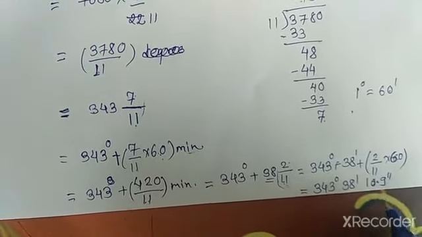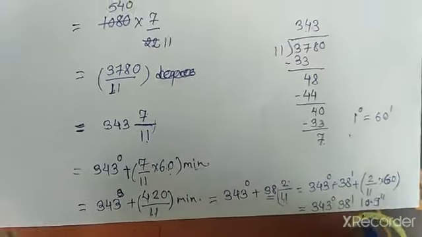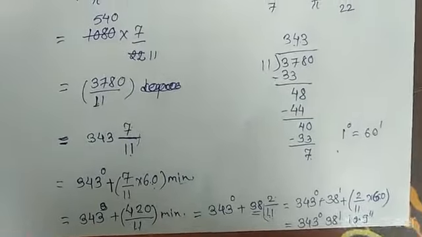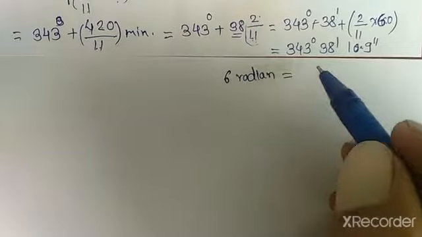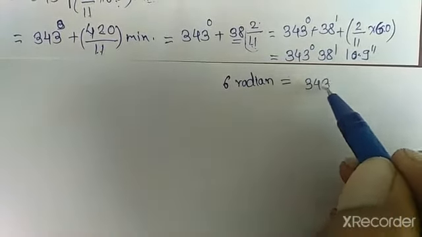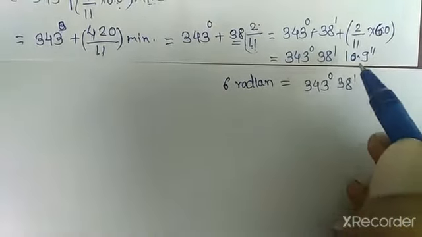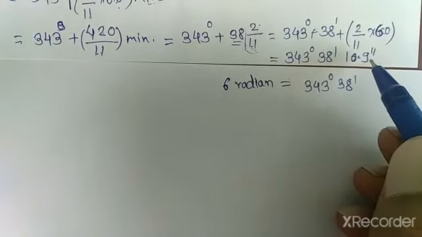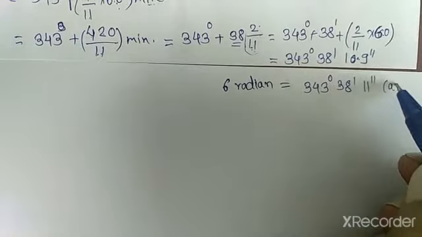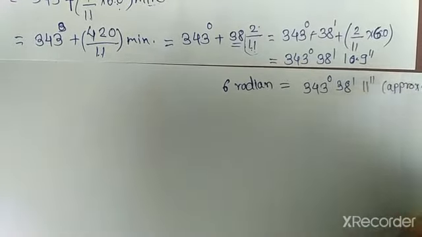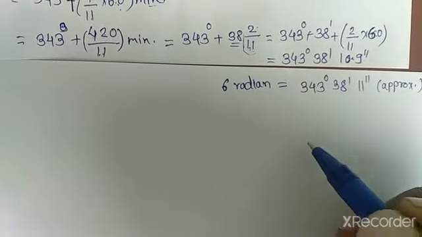Okay, so our conversion of 6 radian is equal to 343 degree, 38 minute, and 10.9 approximately, so it can be written as 11 seconds approximately, which is our required solution.